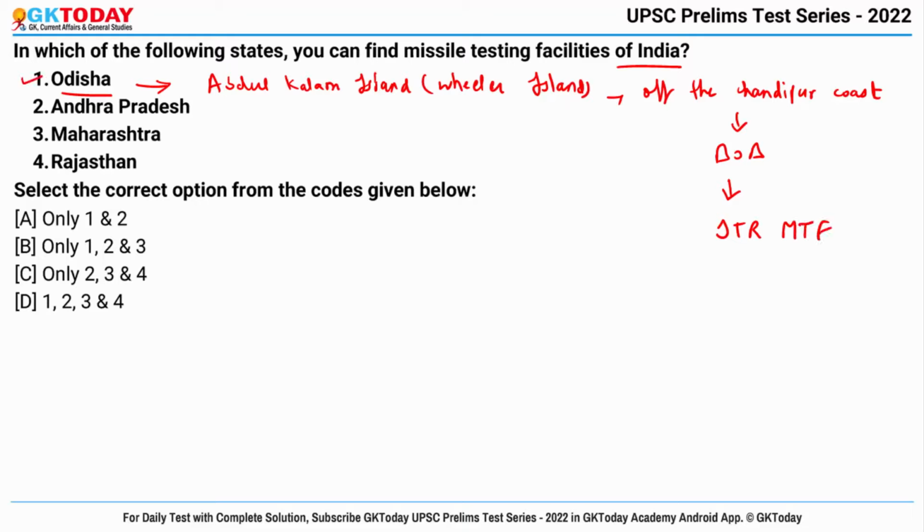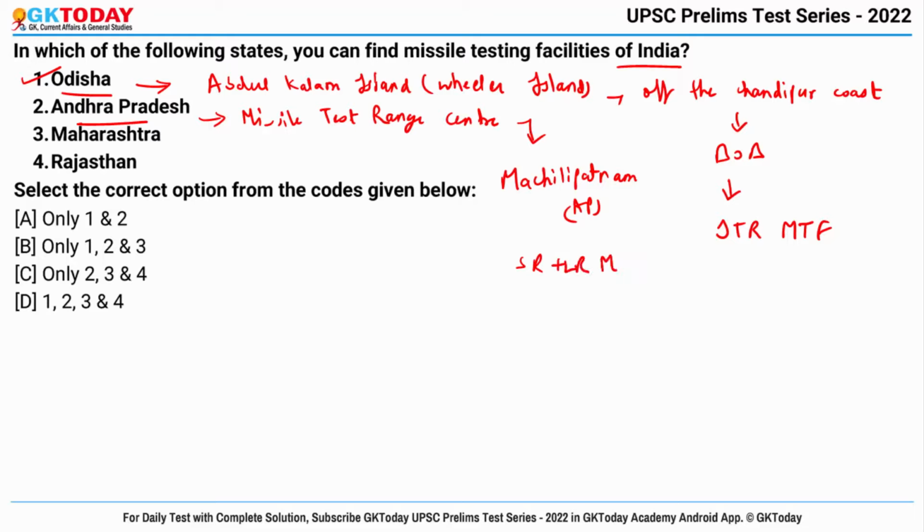Okay, so this is right. Second is Andhra Pradesh. So a Missile Test Range Center is being developed at Machilipatnam in Andhra Pradesh, and it is to be capable of testing both short range and long range missiles. Okay, so this is also right.